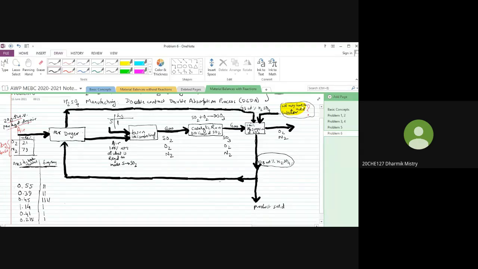Is the arrow going to the block, or is the arrow going to this 98%, 93%? Is the arrow like this, or is the arrow like this? Where is the arrow? Yes, sir, it's towards the block.